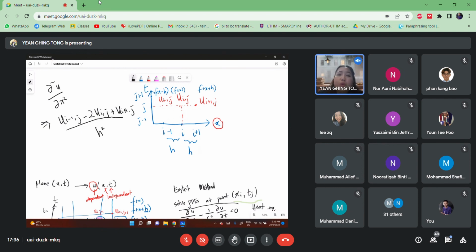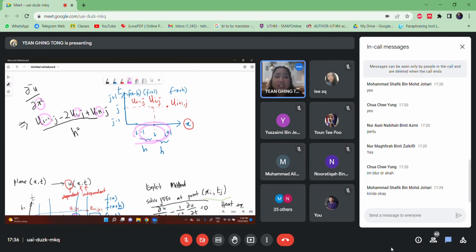Because this one is only with respect to x. See? I minus 1, I plus 1 change. Only I changes. The j does not change, j is still j. Understood or not? Haris, understand or not? Yeah. Now can? Okay.